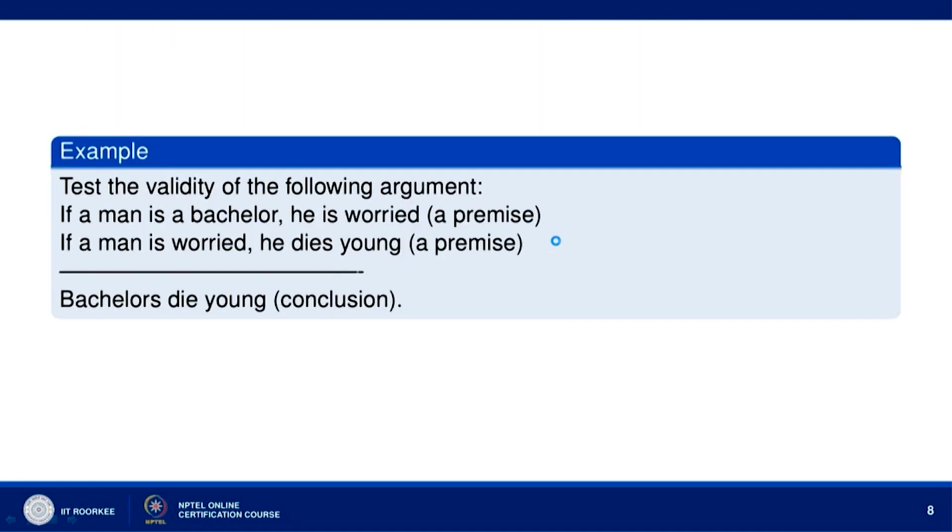Okay. Now, let us test the validity of the following argument. If a man is bachelor, he is buried. So, let P denote a man is bachelor. And Q denote he is buried. Then this premise can be symbolically written as P implies Q. Now, second one, if a man is buried, he dies young.